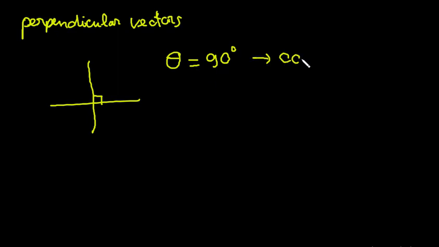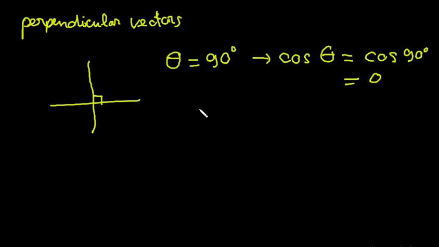Perpendicular vectors mean that when two vectors cut each other, they form an angle of 90 degrees. So theta will be equal to 90 degrees. In this case, cos of theta will be the cos of 90 degrees, which is equal to 0.